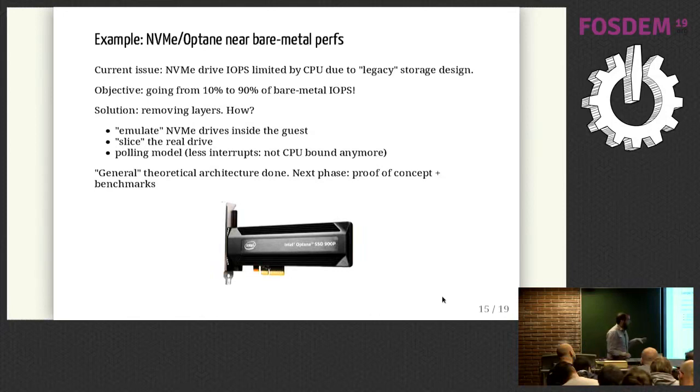But the problem is the legacy storage design for a virtualization platform was made when HDDs were there, so high latency and not really a lot of IOPS. But if you decide to create a specific layer which is thinner than the original one, you can maybe reach almost the bare metal IOPS of the hardware. So you need to do a lot of improvement to get there, but that's doable.